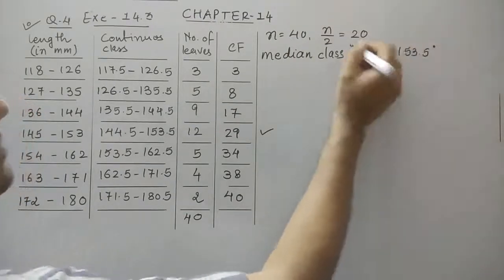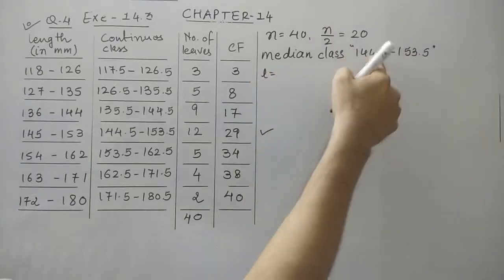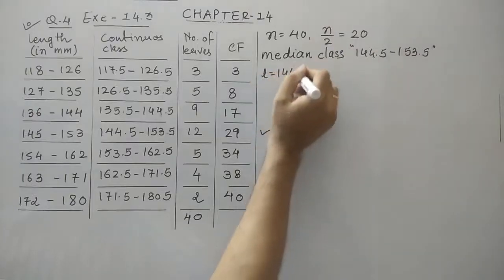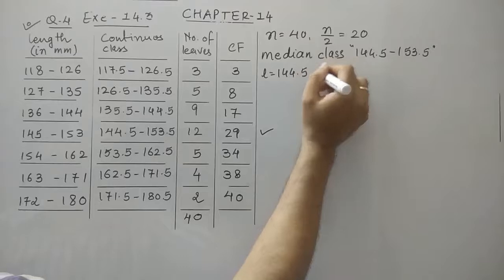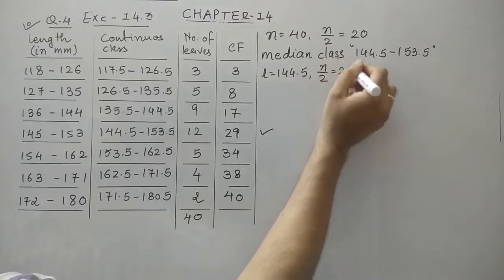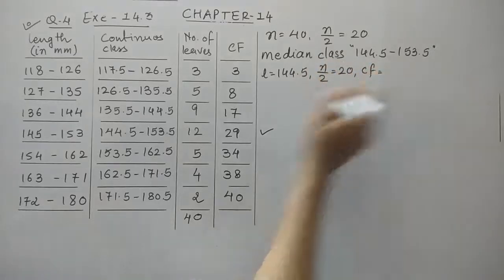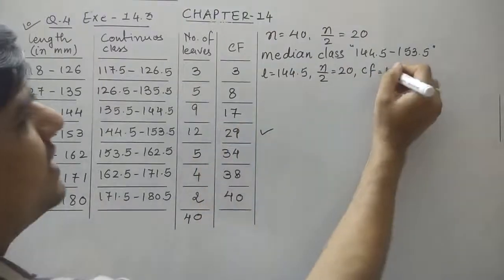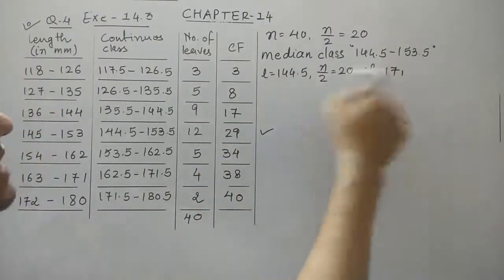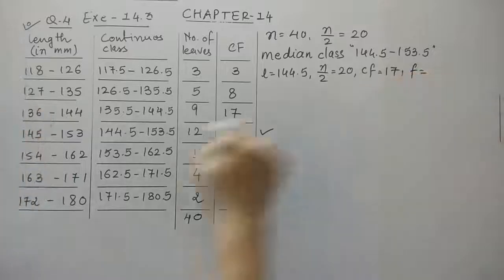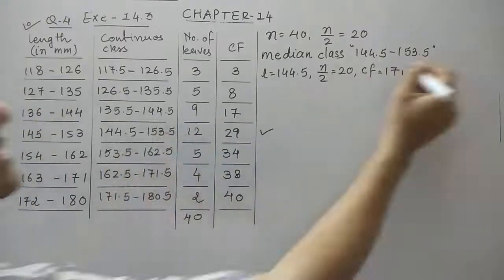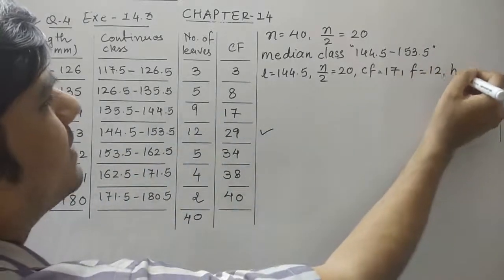Now for the rest of the values: L, the lower boundary, is 144.5. n upon 2 is already there, 20. CF is the preceding value, 17, and it must be smaller than n by 2. The frequency of the same class is 12.